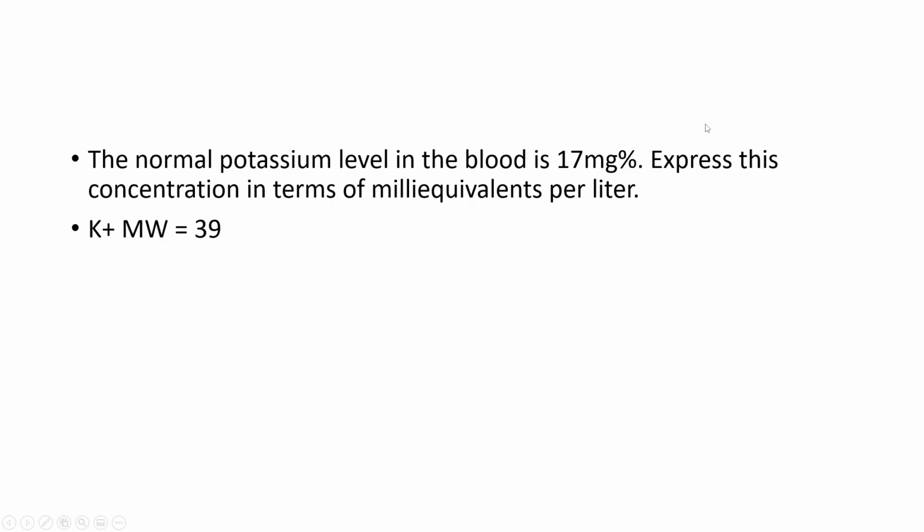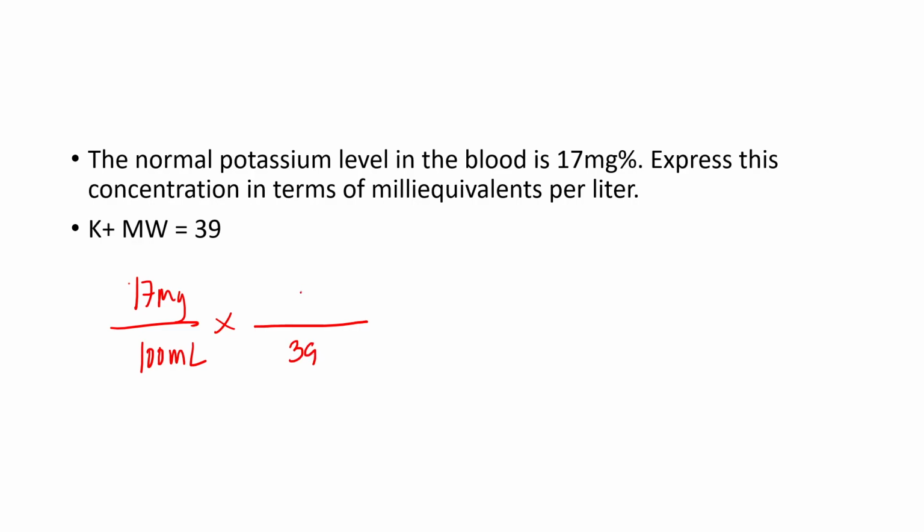Next, the normal potassium level in blood is 17 milligram percent. Express this concentration in terms of milliequivalent per liter. So as we discussed last time, milligram percent is simply 17 milligrams over 100 ml. It's simply milligram per 100 ml. And we need to convert this into milliequivalents. So first, let's convert our milligram. The bottom, we have our molecular weight, which is 39.